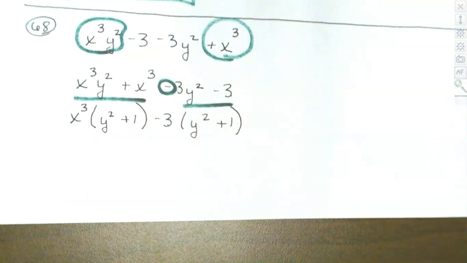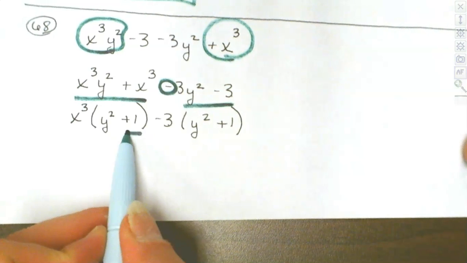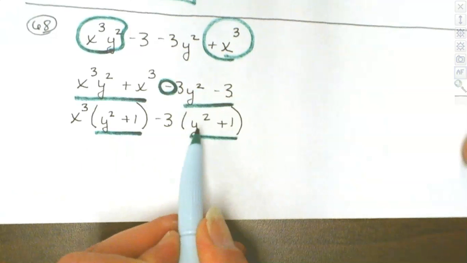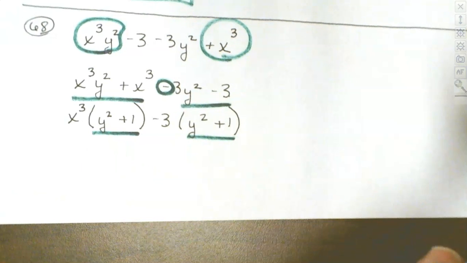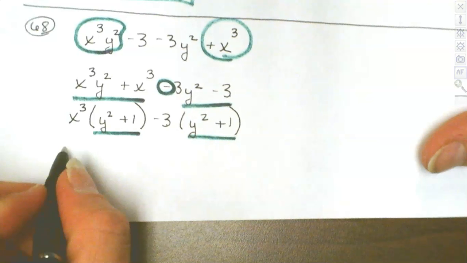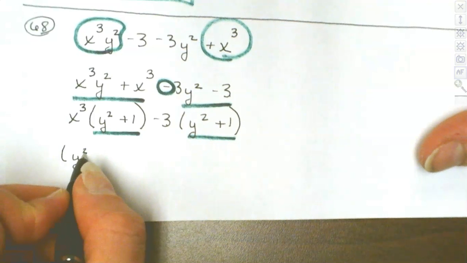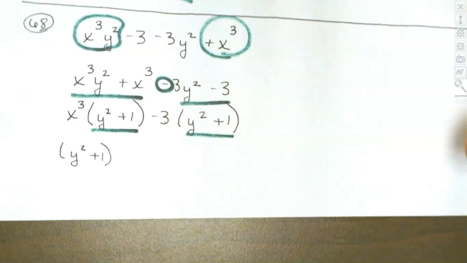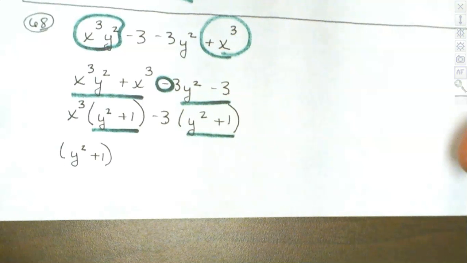So we rewrote it. Now we factored it by grouping. Our last step is to make sure that our parentheses are the same. Are these parentheses the same? Yes. So what's going to come out in front? Y squared plus 1 comes out in front.